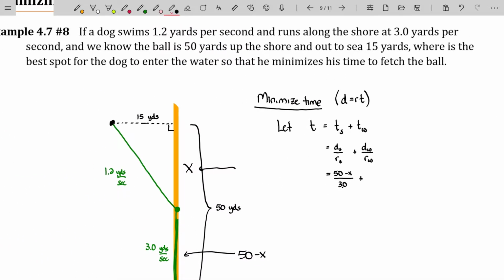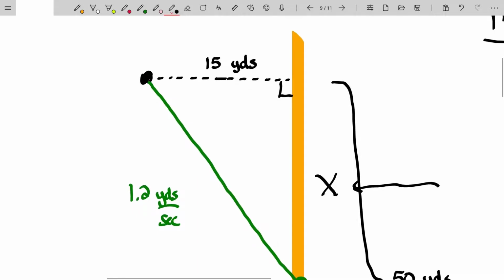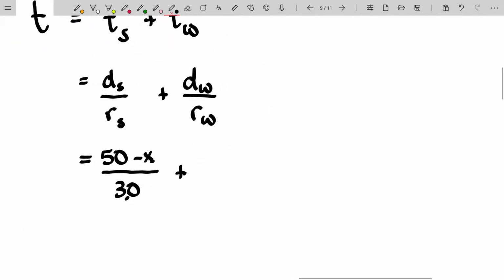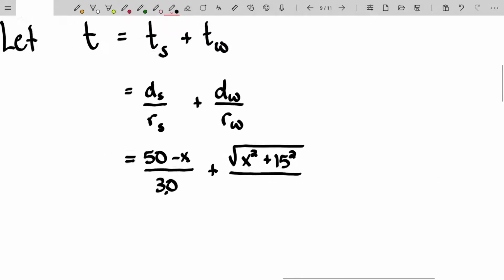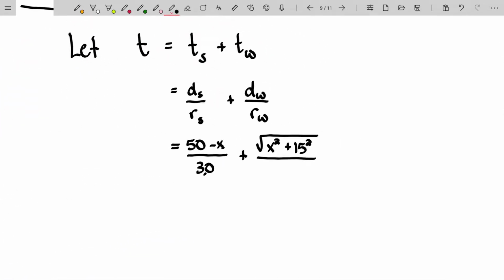Well, the distance in the water here is the Pythagorean theorem. That's going to be the square root of x squared plus 15 squared, which is 225. And the rate in the water, how quickly the dog swims, is 1.2, again yards per second.